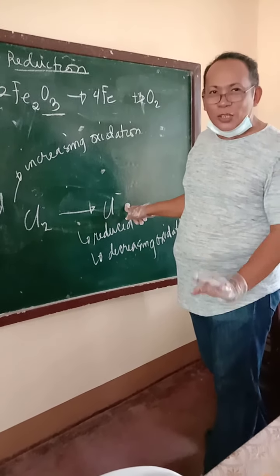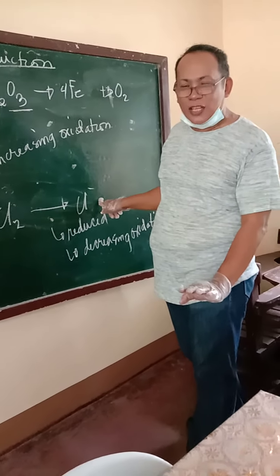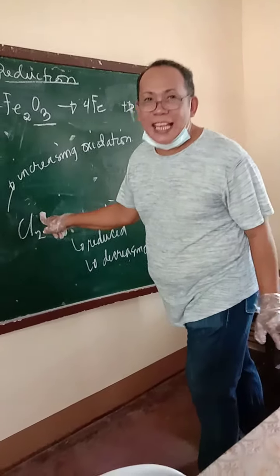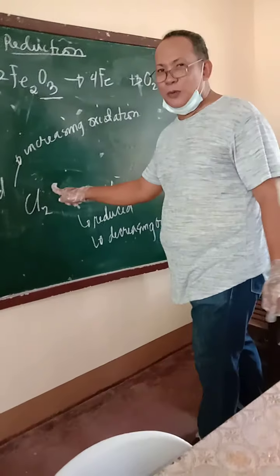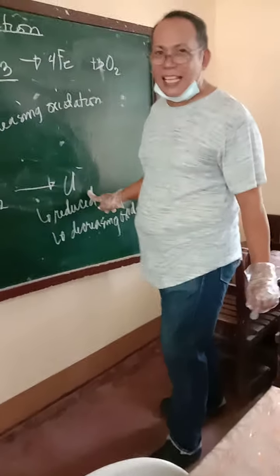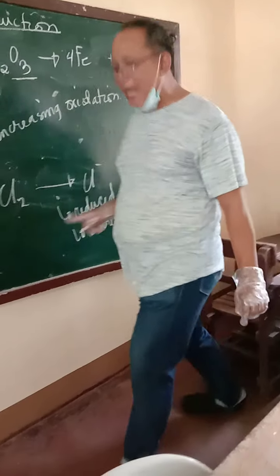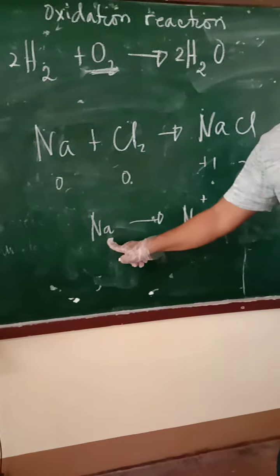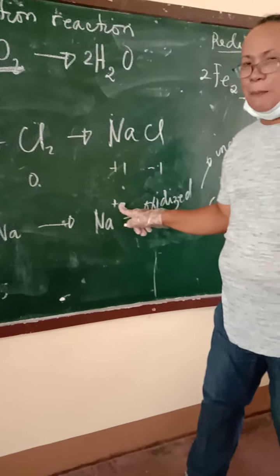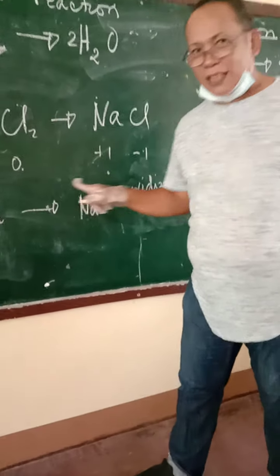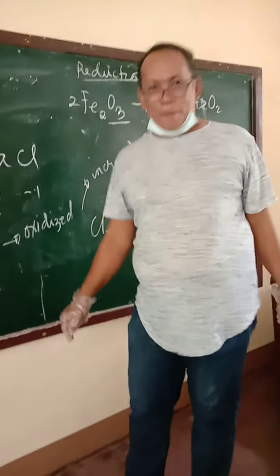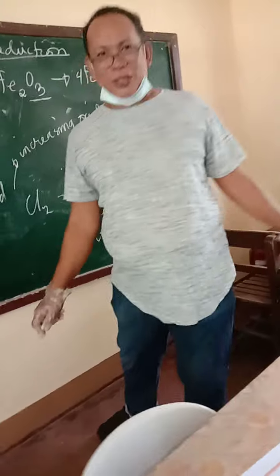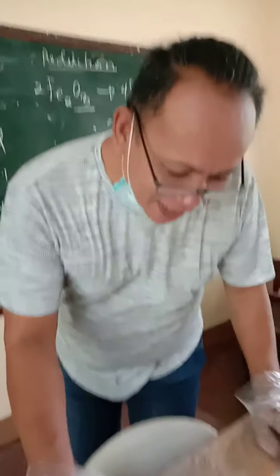Ang electrons nga ni-gain, ni-reduce ang iyang oxidation number. Then, ni-lose siyang electrons, kaya gikan sa zero, nahimo siyang positive. So, ni-lose siyang electrons, ni-increase ang iyang oxidation number. Okay, very good, very good.